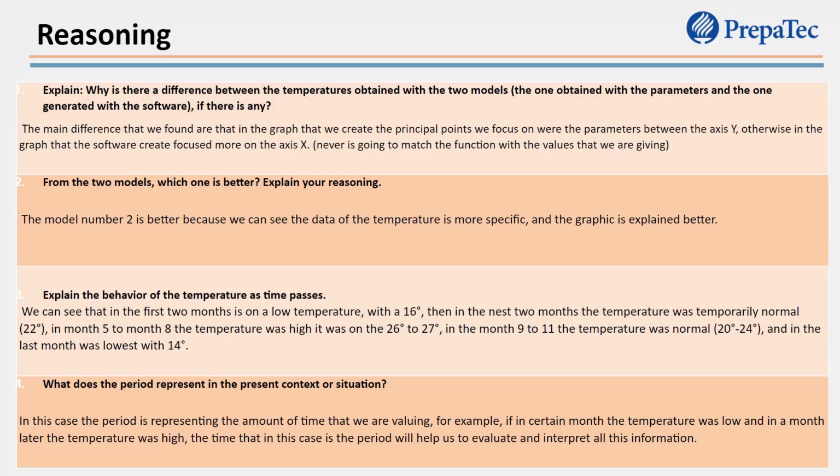And finally, from month 9 to 11, the temperature was normal, between 20 and 24 degrees. And the last month was the lowest, with 14 degrees.